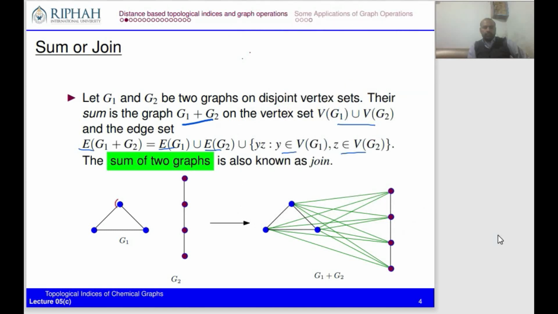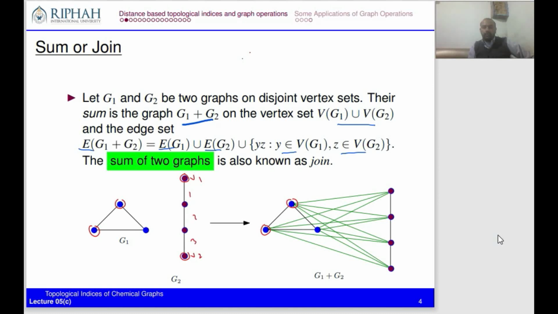Suppose here we have these two vertices; the distance between them is 1. Similarly, if you move into the join, the distance between two vertices is again 1. But this is not always true. Suppose here we have a vertex V1, and here another vertex V2. You can see the distance between these two vertices is 3 in G2.